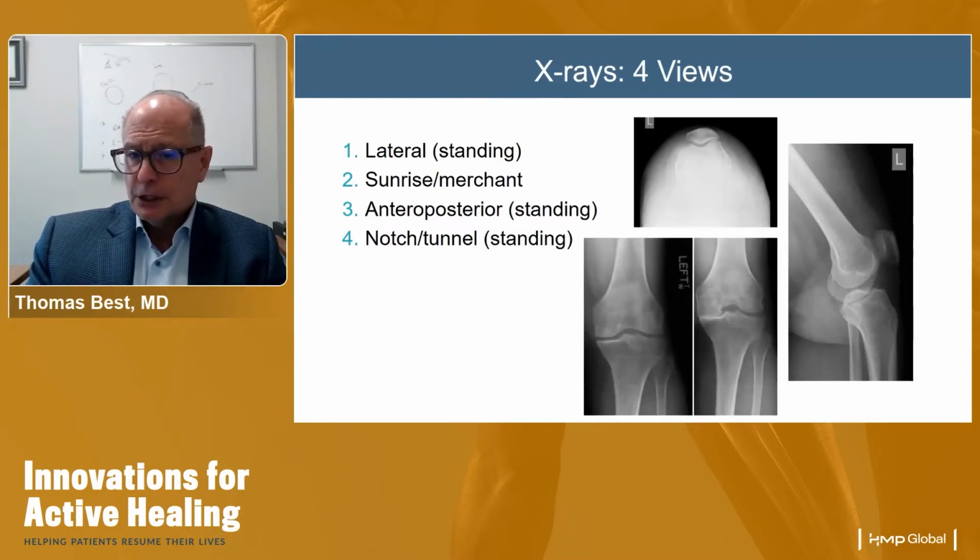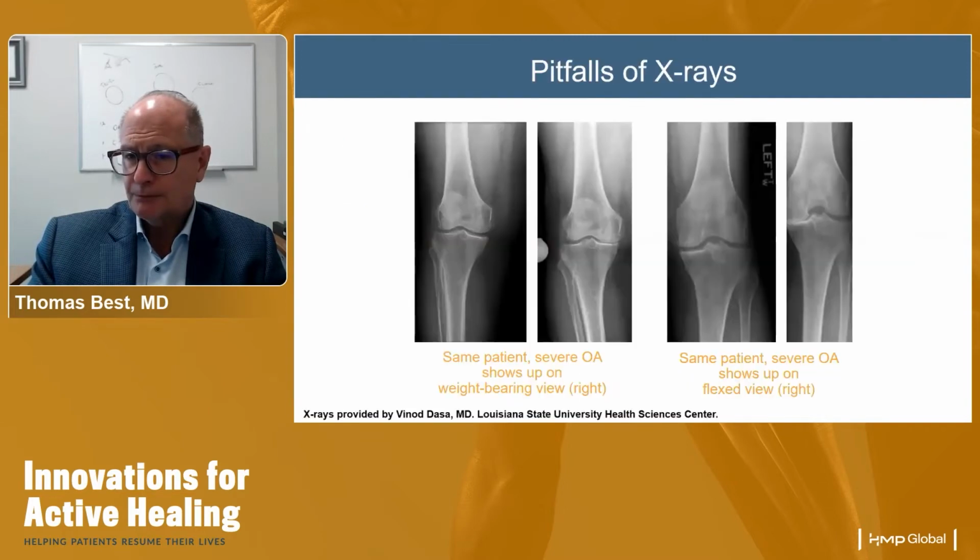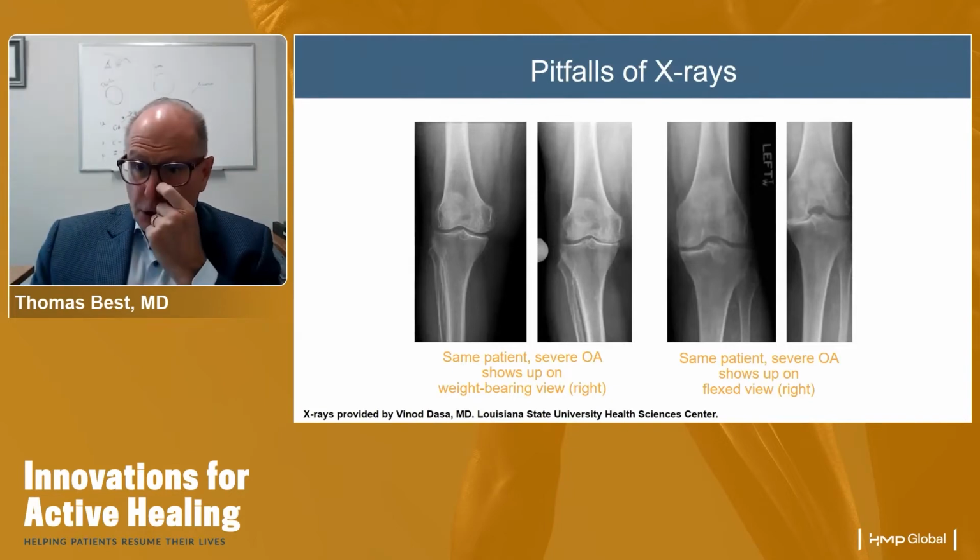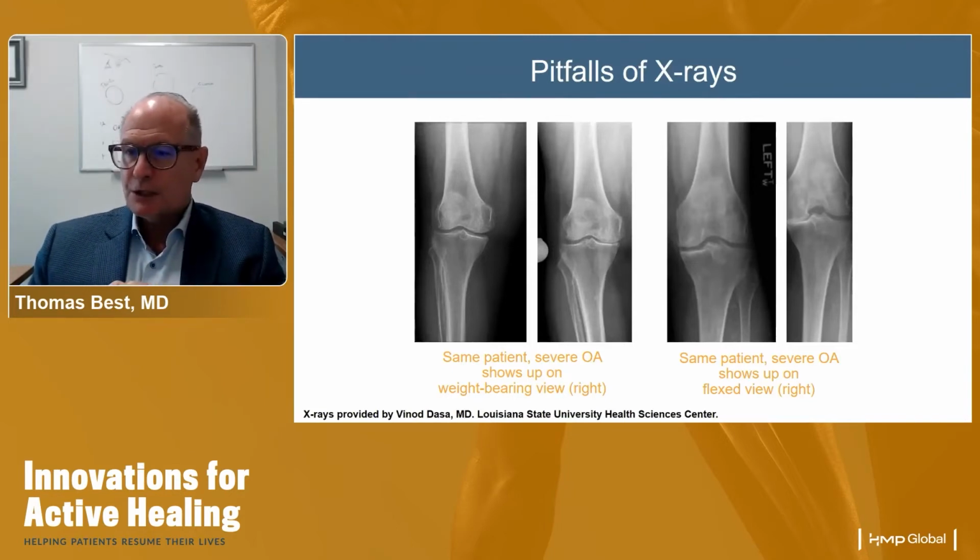Here's your standard AP or standing weight-bearing film. And again, you can see on the left side, which is advertised as a weight-bearing film. However, when you get a true weight-bearing film, you can see the medial tibial femoral joint is pretty much obliterated. So again, the take-home message here is to make sure when you're assessing these patients that you're getting a proper weight-bearing film.